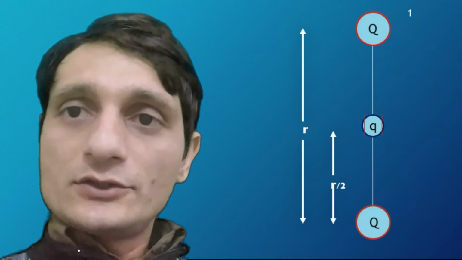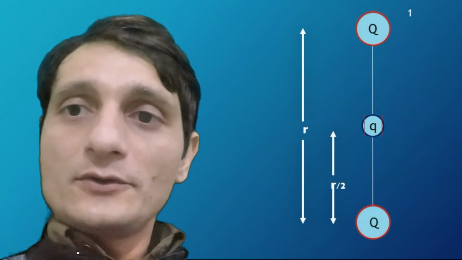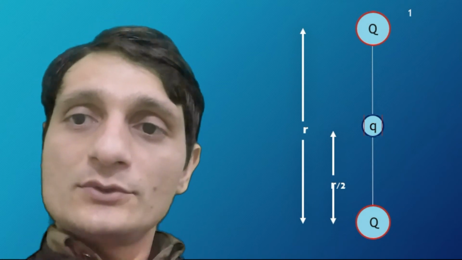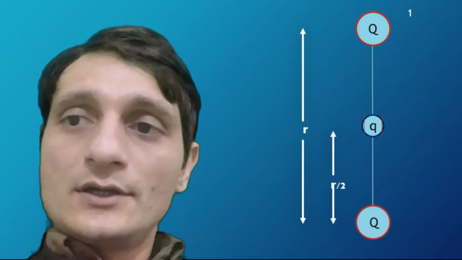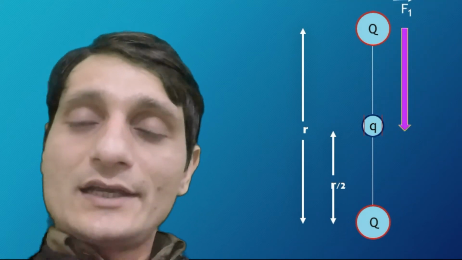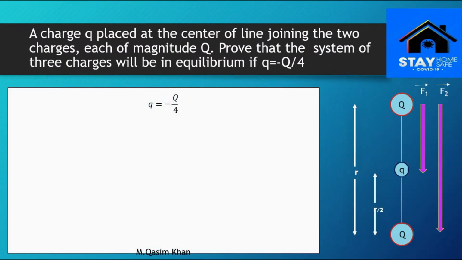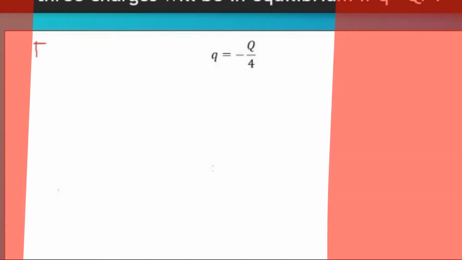Similarly, the force experienced by charge capital Q due to the other capital Q charge, which is separated by distance r from the original one, let us call that force F2. Let F1 be the first force and F2 be the second. So we need to find that q equals negative Q by 4.